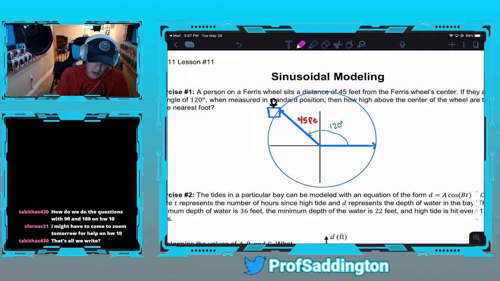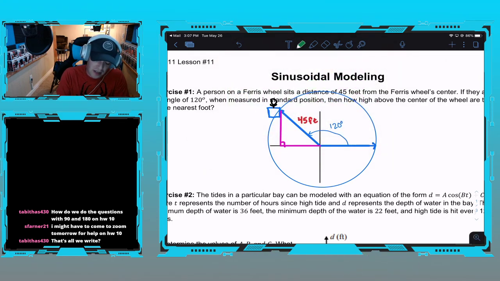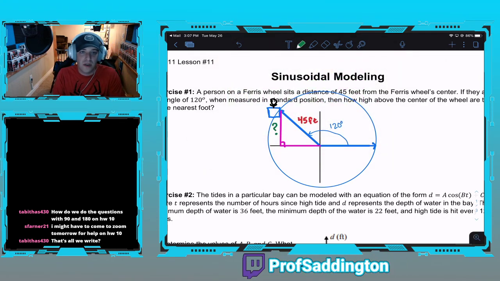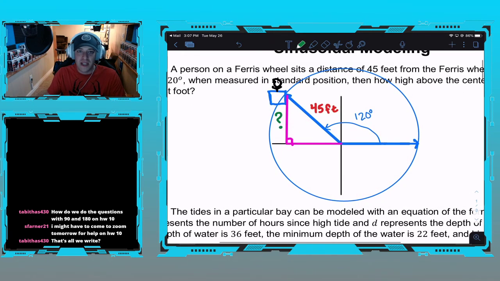You guys recall drawing in some right triangles. This is just a right triangle, and the question is just asking you guys to find the height. It's asking how high is he from the center of the Ferris wheel. So in order to figure this out, we need to know the angle that's inside that right triangle.